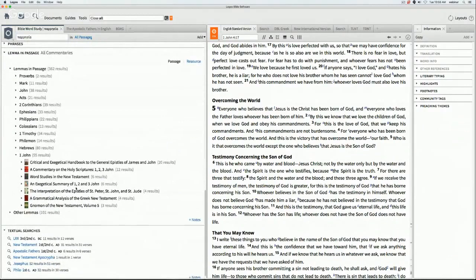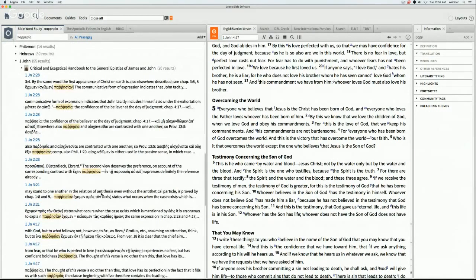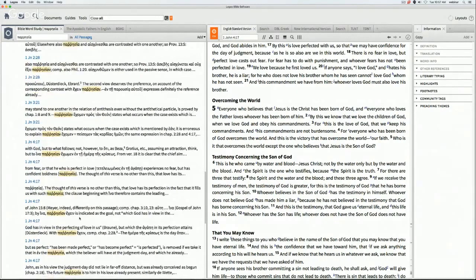And what this does is look at all of my commentaries that mention this word. And I want to look specifically in the context of 1 John, and I can see what the discussion of parousia in 1 John is from these commentaries. And I can use this as a check against my own work to inform my understanding even further of how this is interpreted in this context.